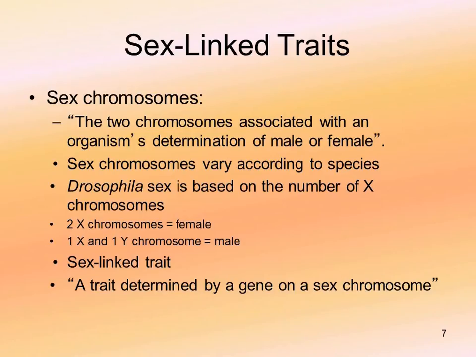Most Y chromosomes are very small, and so therefore they don't have a matching gene. So in the case of our fruit flies, the X chromosome had the color for white, but the Y chromosome didn't have a match, a dominant match to oppose it, which is why males showed up with white eyes more often than females.